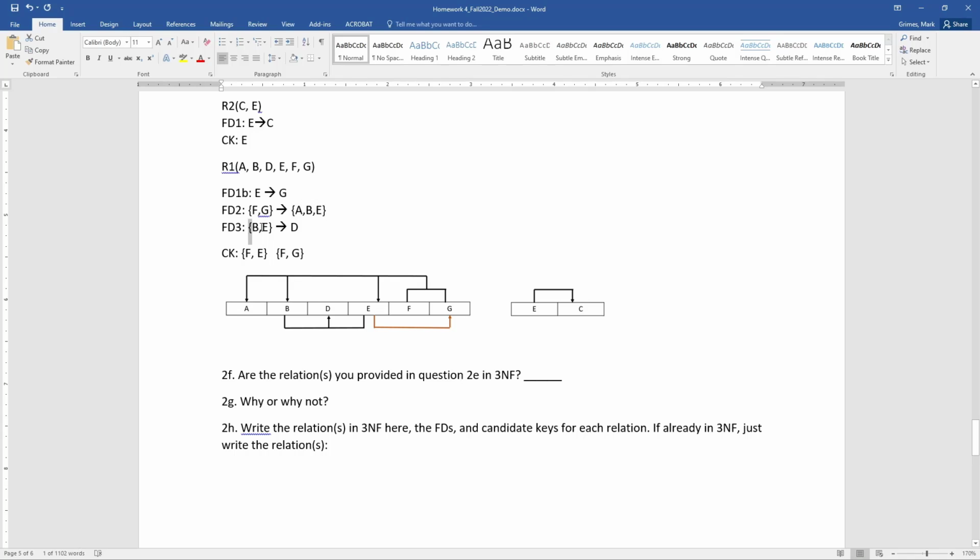But then functional dependency 3, BE determines D. Well, B and E together, even though E is a key attribute, this combination of BE, that will be a composite non-key attribute. So the answer here is going to be no. And the why or why not, it's because BE functionally determines D is a transitive dependency.